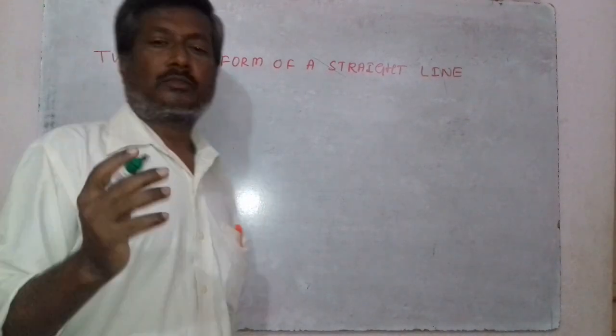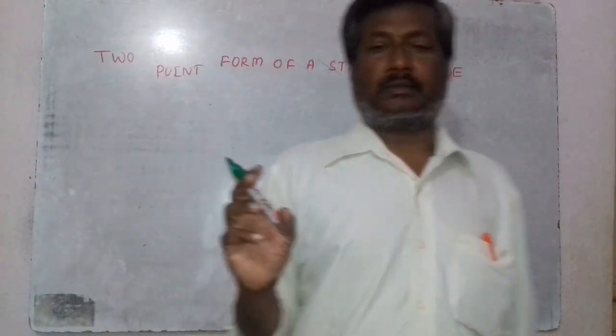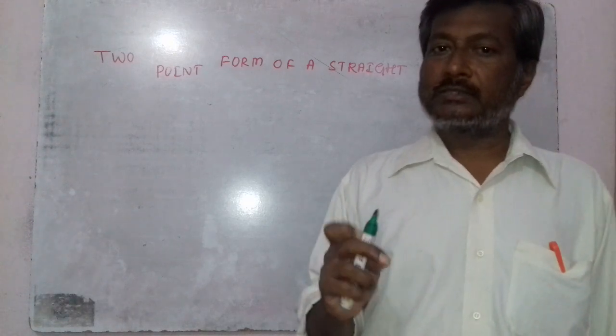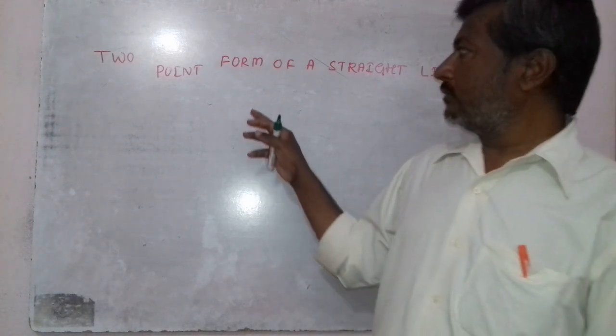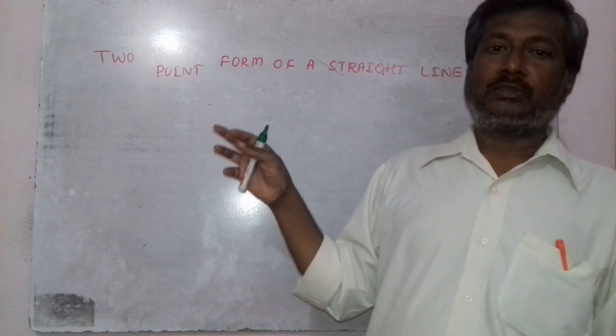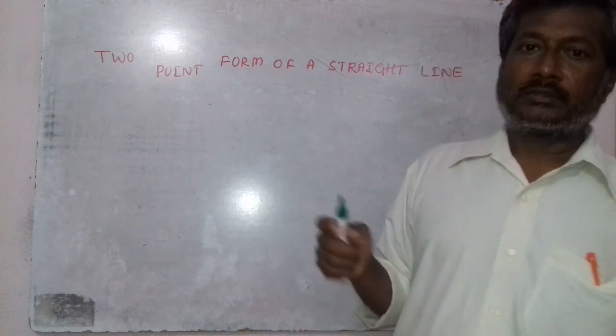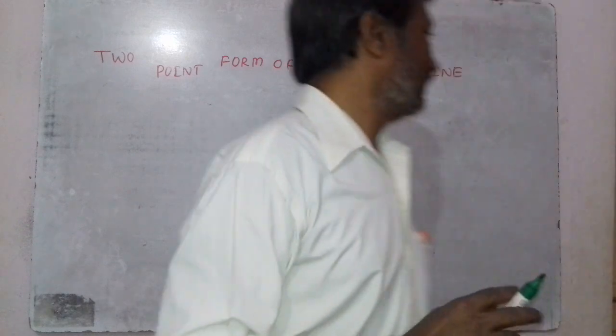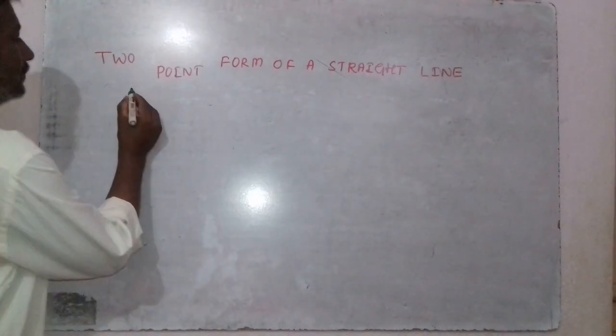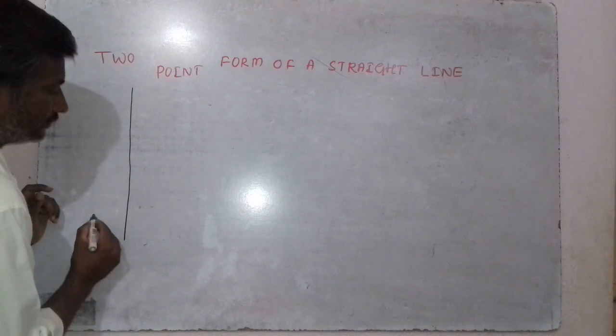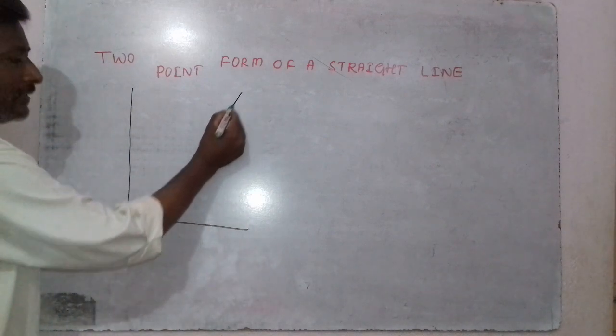And we know that the slope of a particular straight line is constant. So using that concept, we have to find the equation of the straight line. Consider a straight line.